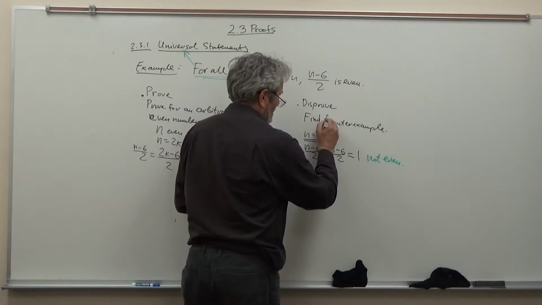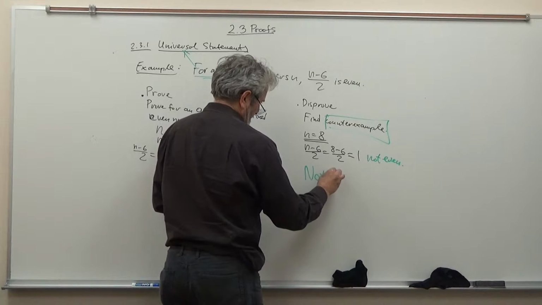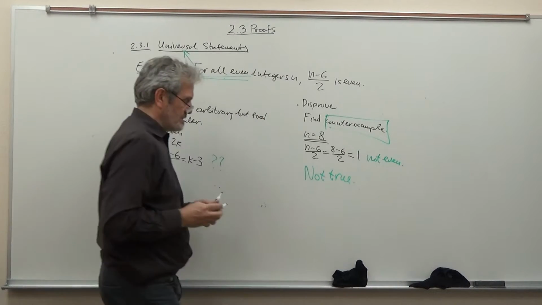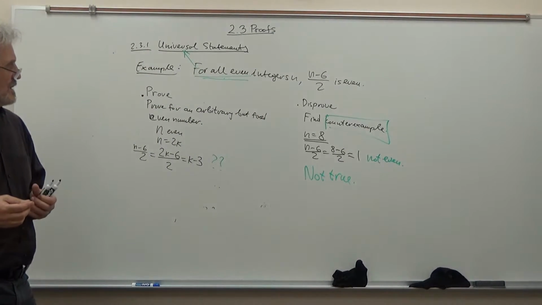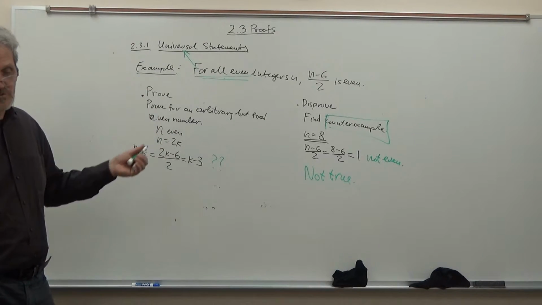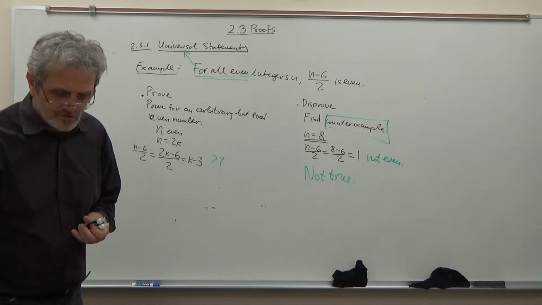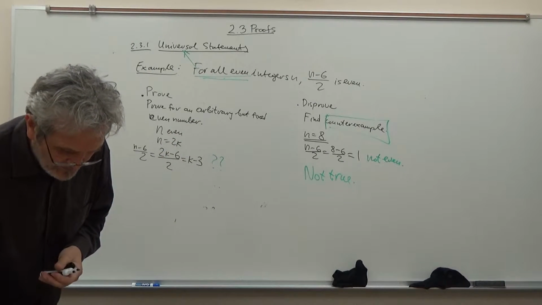Here's your counterexample. So not true. Once again, you either need to prove it for an arbitrary number, and we'll do a couple of those where that works. Here we showed it with a counterexample.